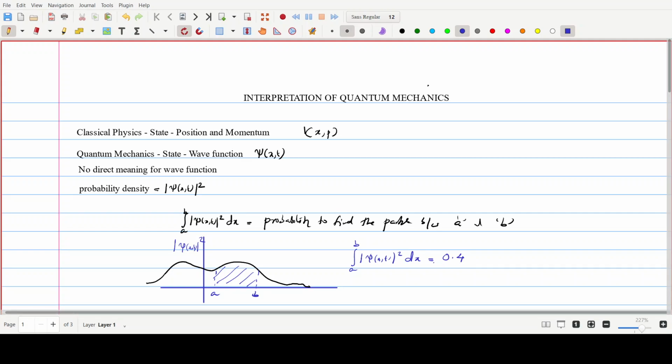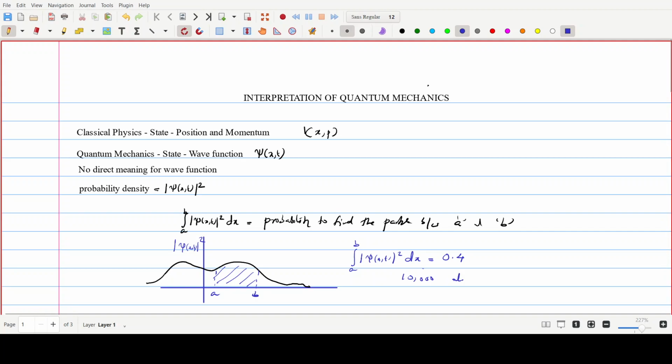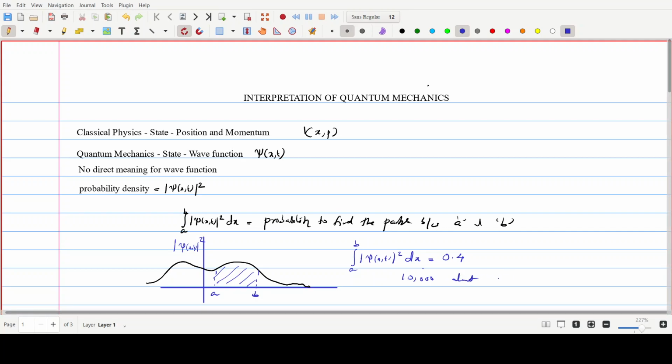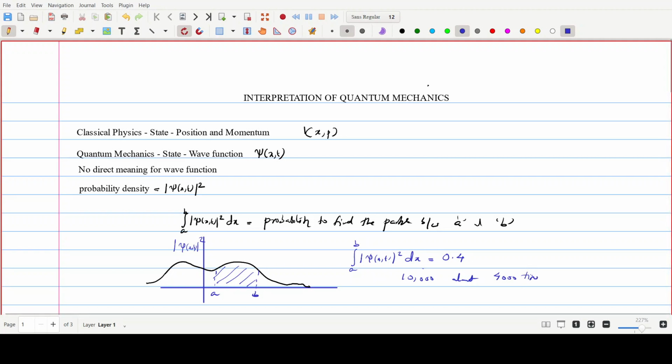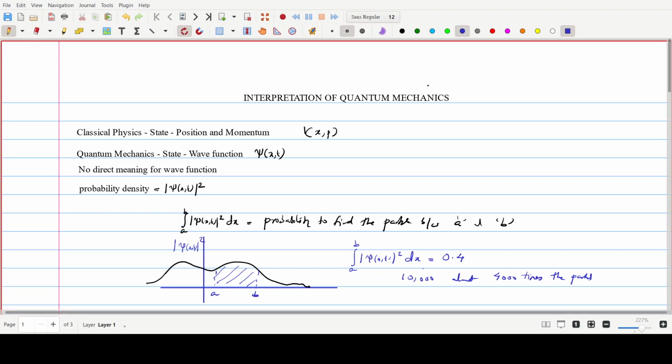That means if you perform the same experiment 1,000 or 10,000 times, the particle will be between the positions A and B for 40% of the times. So if you perform the experiment 10,000 times, almost 4,000 times the particle will be between A and B.